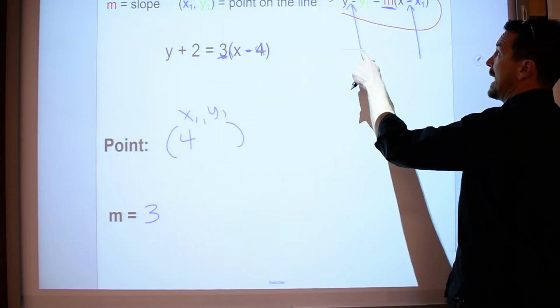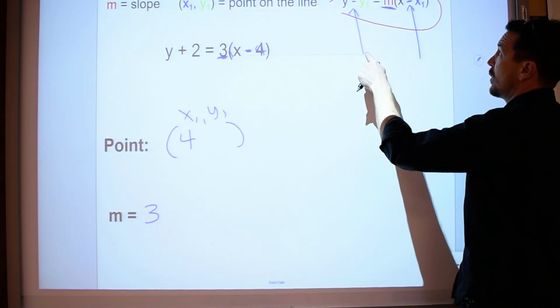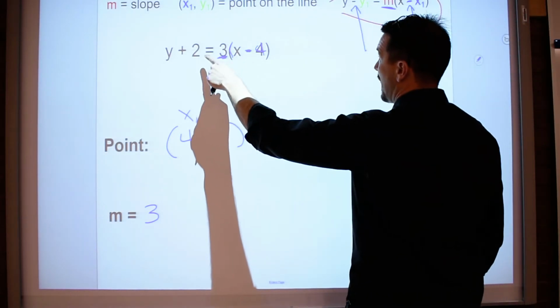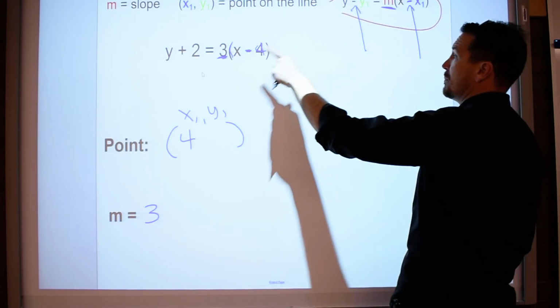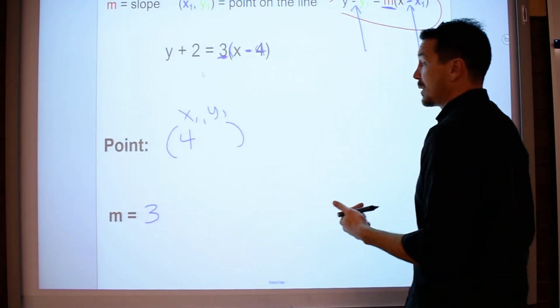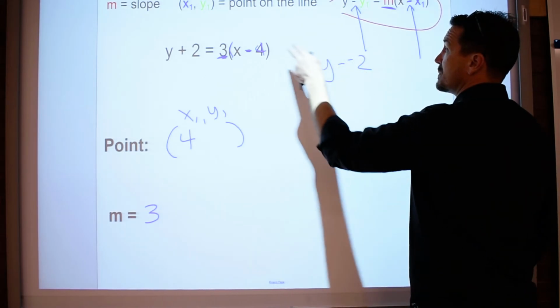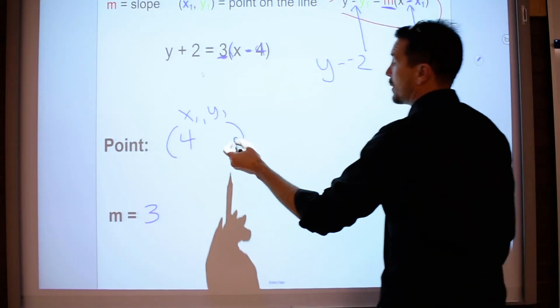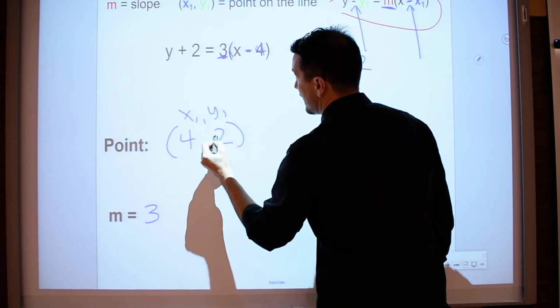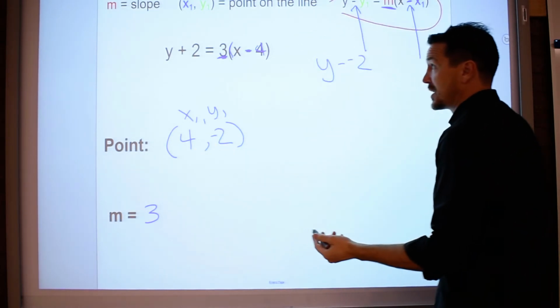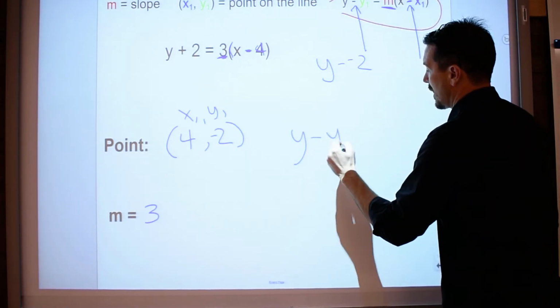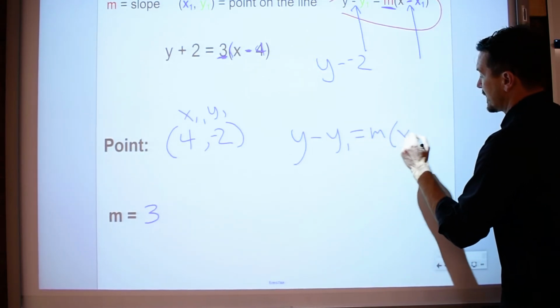But on the positive 2, the formula calls for a negative. So y minus y1. So if I had put in a positive 2, it would have been y minus 2. But because this is positive, we must assume that what really happened here was y minus a minus 2, which made it become a positive. So what I need to put in for my y1 is -2. And you can check that really quick. Here's the formula, y minus y1 equals m times x minus x1.